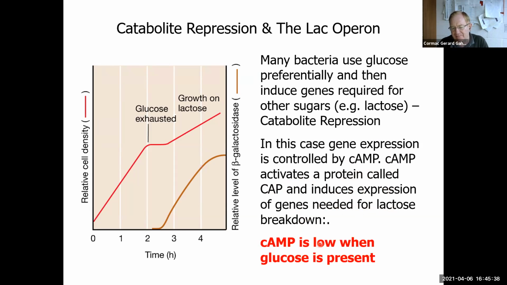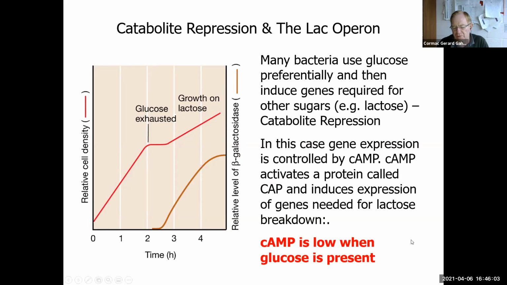This is what you have to note: cyclic AMP is low when glucose is present. If you were to look at levels of cyclic AMP in the system, you'd see that they're extremely low here. So the cell has very low cyclic AMP, then it runs out of glucose, cyclic AMP increases, and the cell switches on the lactose genes.